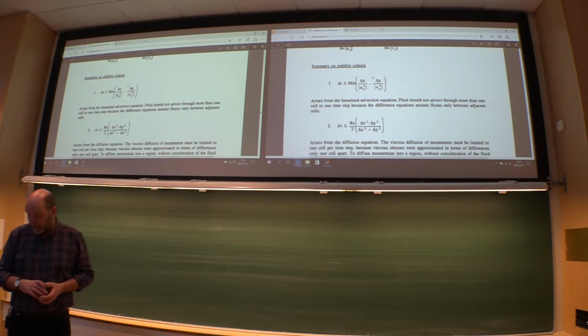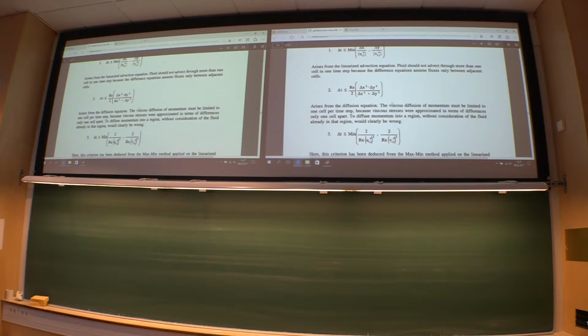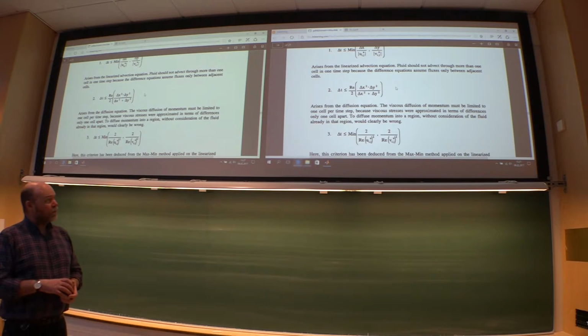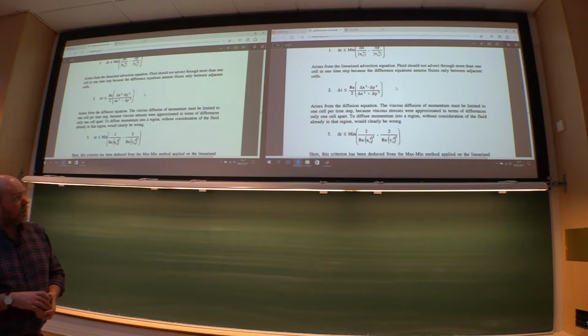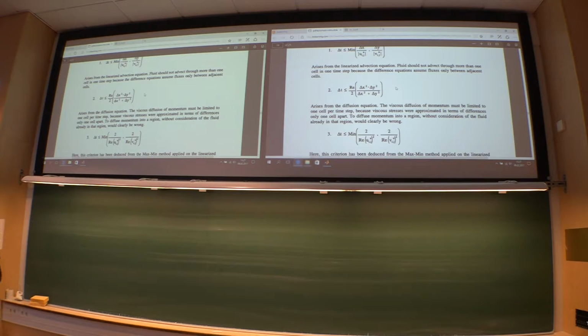And the next demand, we have actually seen this one already, but not in a two-dimensional form. So here it is a little bit more complex. I think we had something like h over 2 times the viscosity. That was what we found when we looked at the one-dimensional diffusion equation.